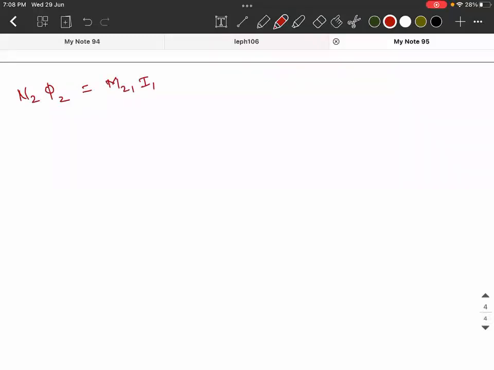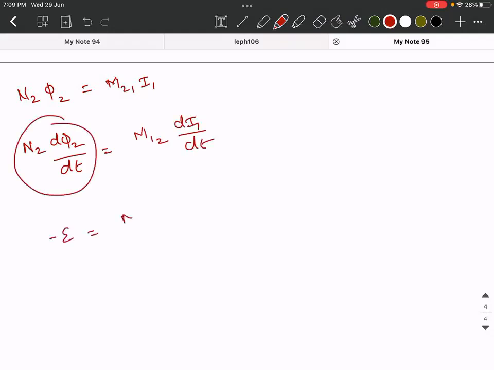Can you differentiate on both the sides? N2 into dφ2 by dt is equal to M21 into dI1 by dt. So this is again minus E is equal to M21 into dI1 by dt. So M21 is equal to minus E divided by dI1 by dt. So it is volt per ampere per second, which is also taken as Henry. Is it clear?